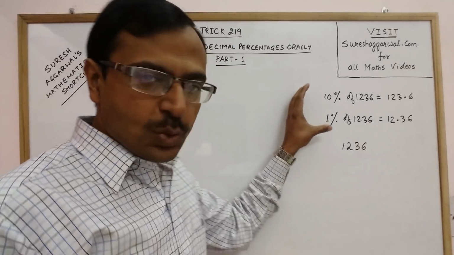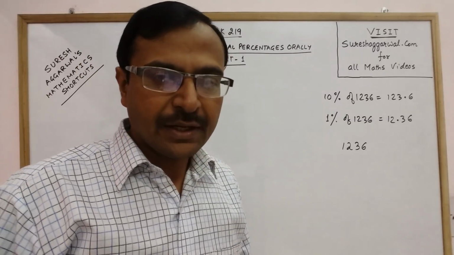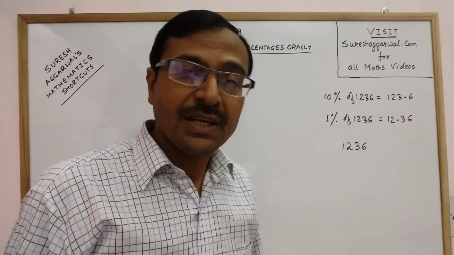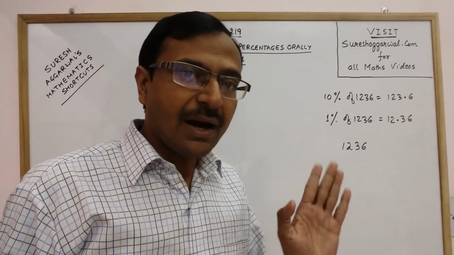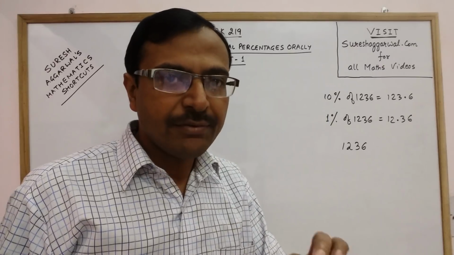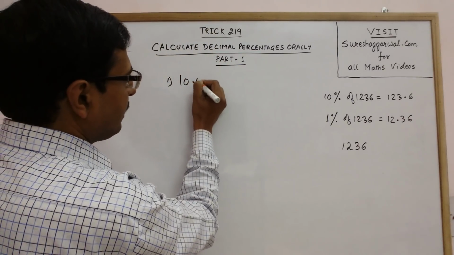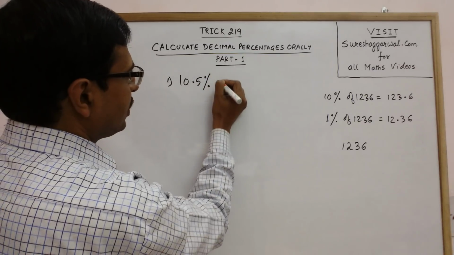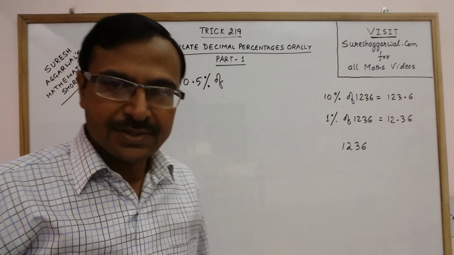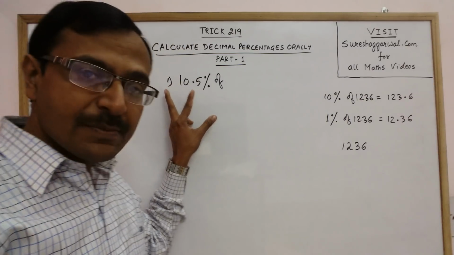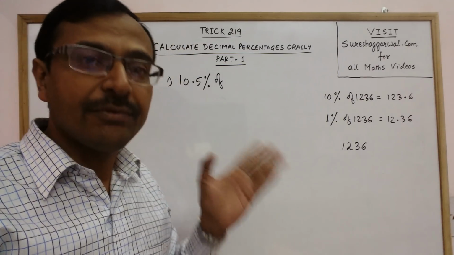Now once you know these two concepts, we can carry on with some questions of decimal percentages in which the digit after decimal will be 0.5. Now see, suppose I need to calculate 10.5% of a particular number. In this part 1 of the video I am taking only decimals which are having 0.5.